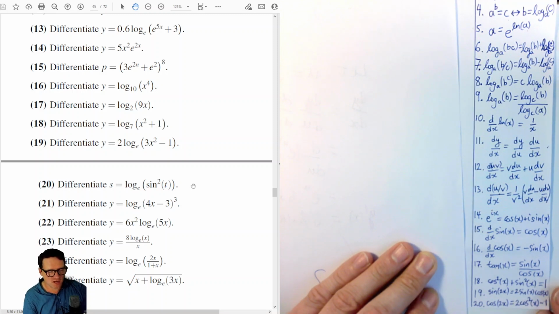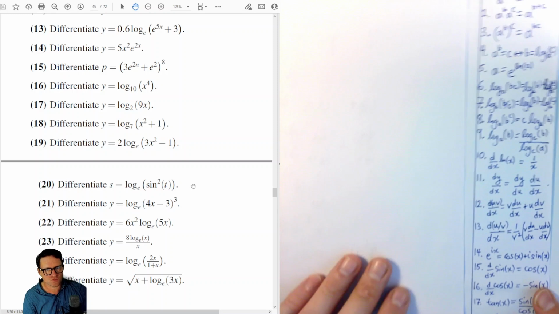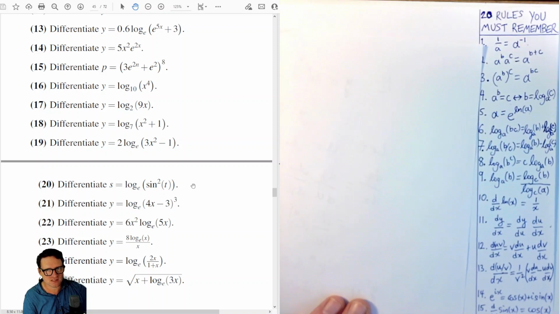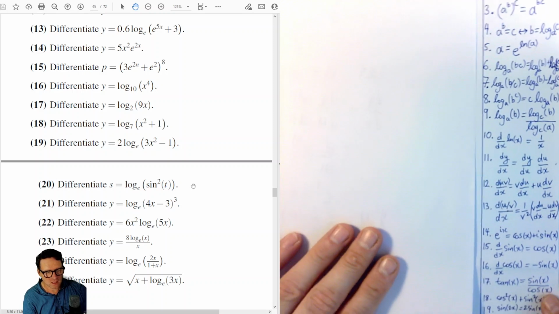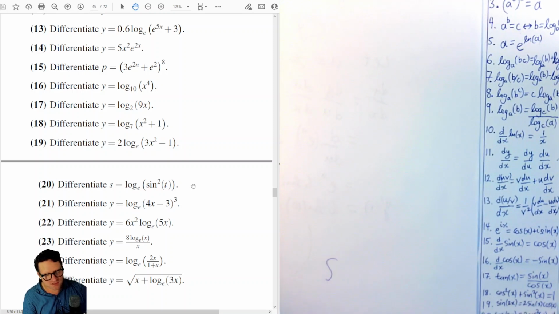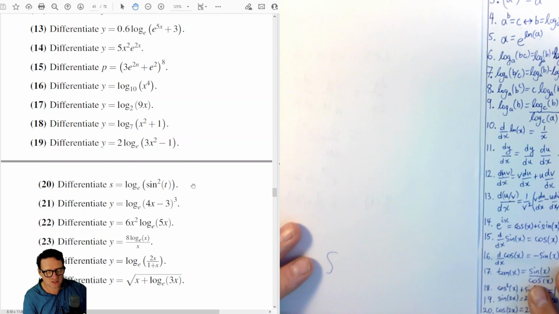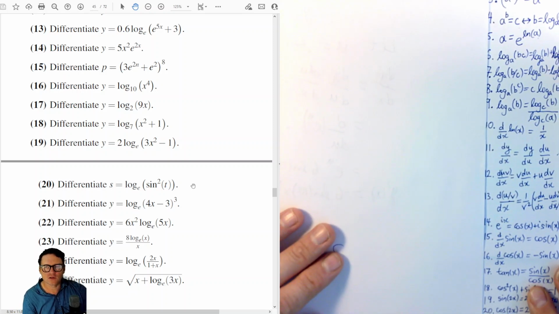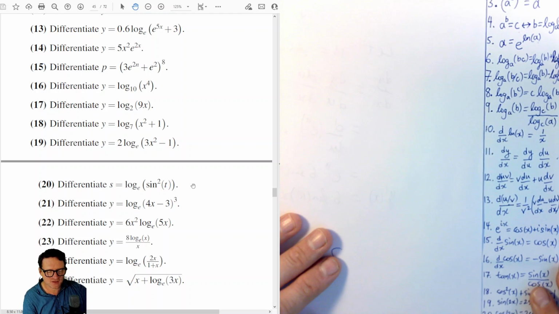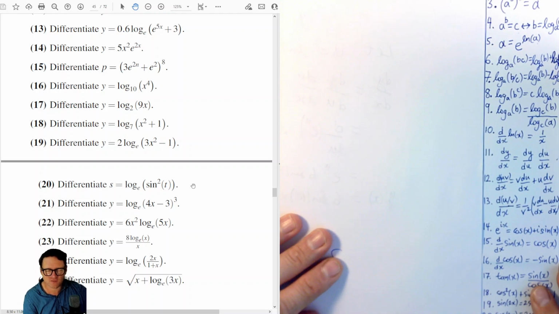Okay, so these are the 20 rules that I think you must remember to be very successful in calculus. And now, of course, there are a few others, things like the definition of sec, which is 1 over cos. The definition of csc, or cosec, is 1 over sine.